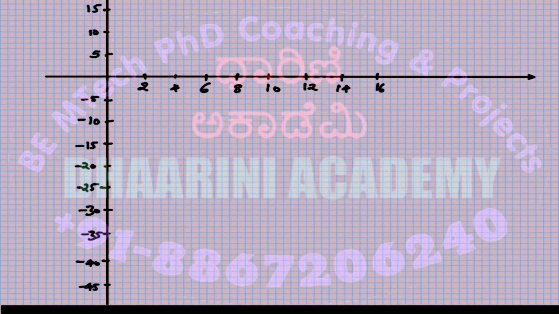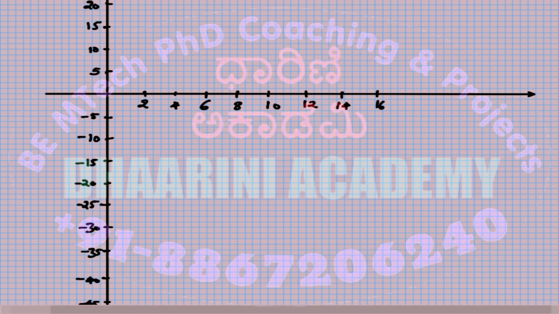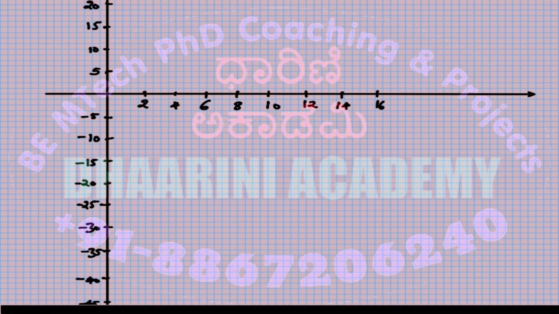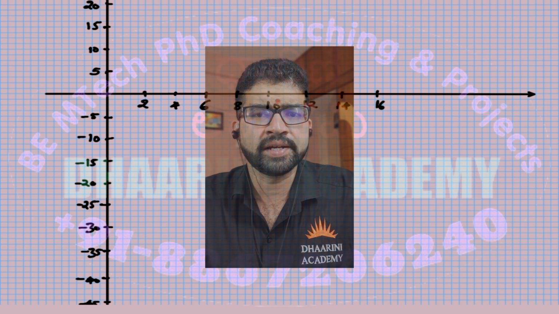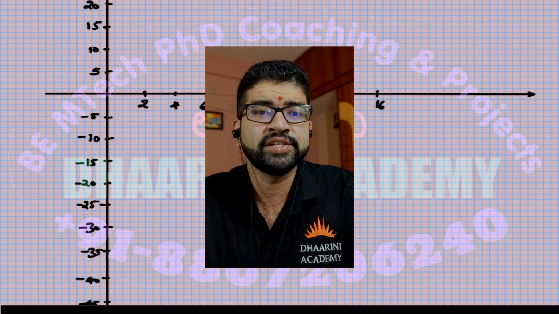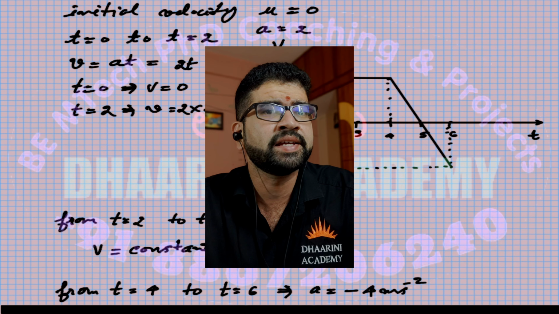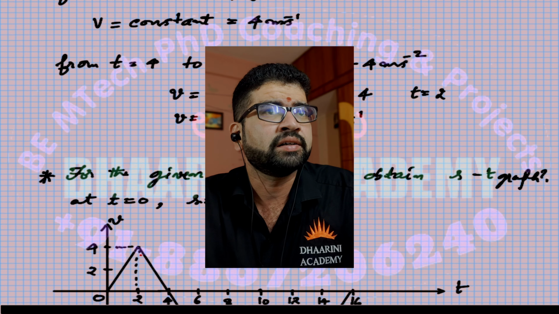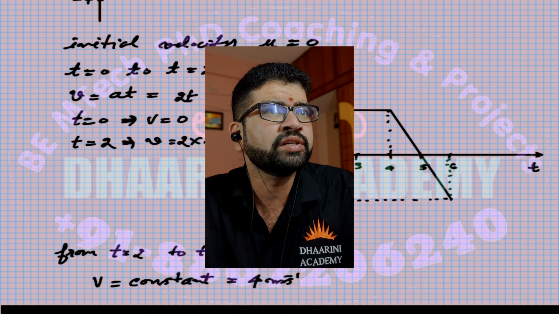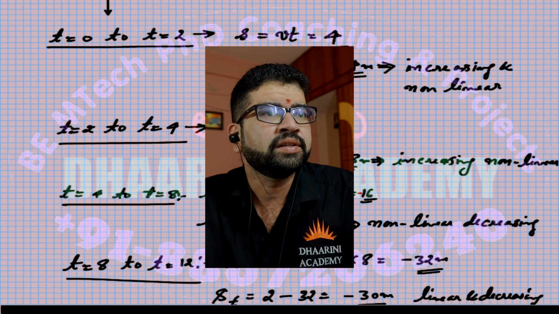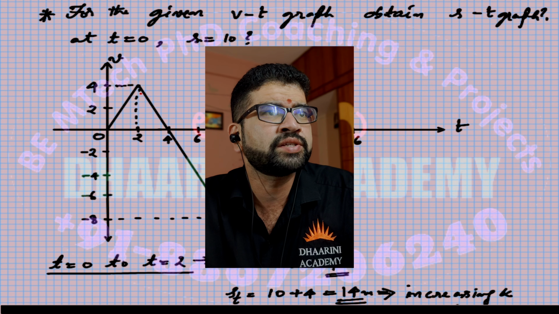Okay, let's check now. So let's go to the first part of their result and let's try to find out what is the distance covered at the end of 2 seconds and what is the initial value. So they have given that there is an initial value in this graph to be considered. There is an initial value which is given as s is equal to 10 at t equal to 0.